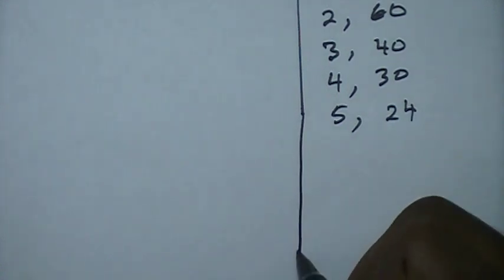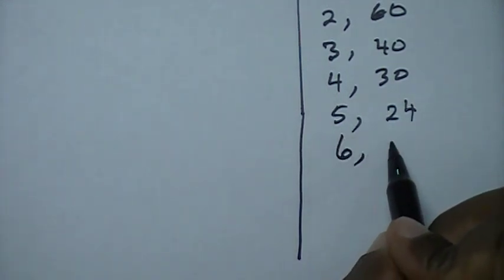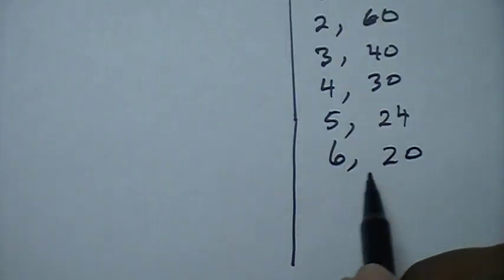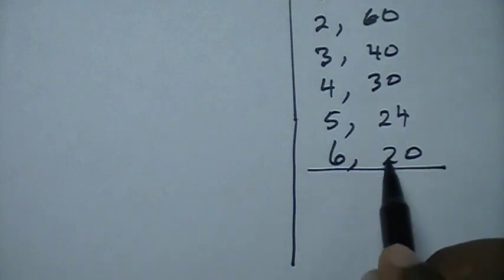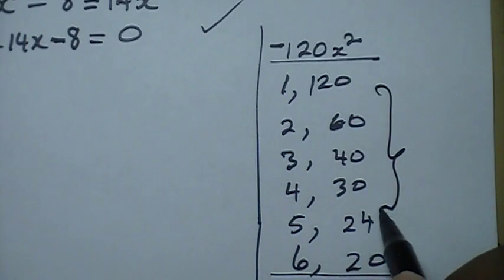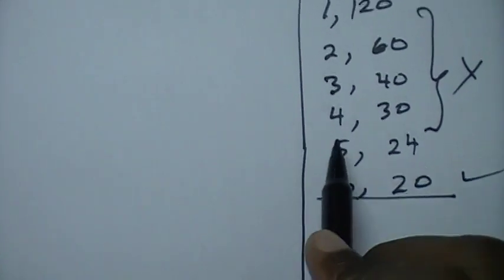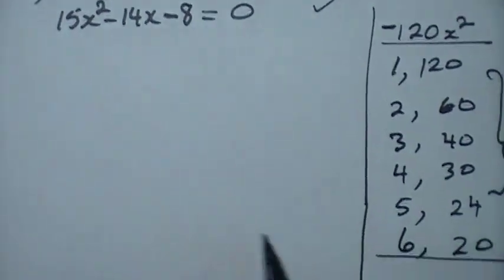So let's continue. Let's try 6. 6 into 12 goes 2 times, so that's 20. Yes, this looks like it can work. All of these would not work, but this one will. 6 times 20 gives us 120, and if we find the difference between them, we can get 14.